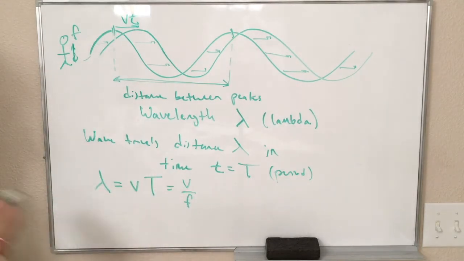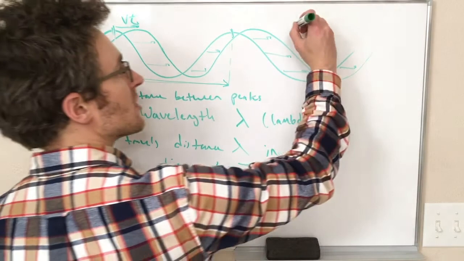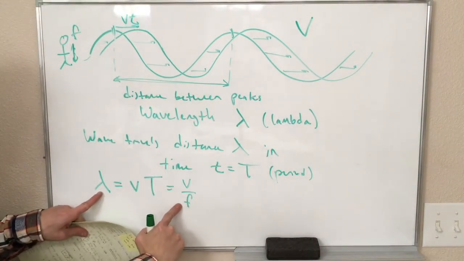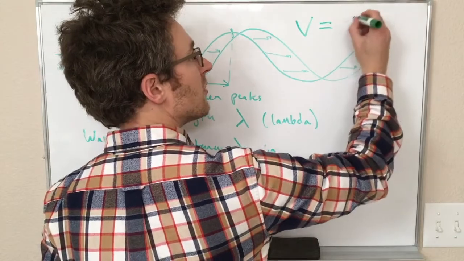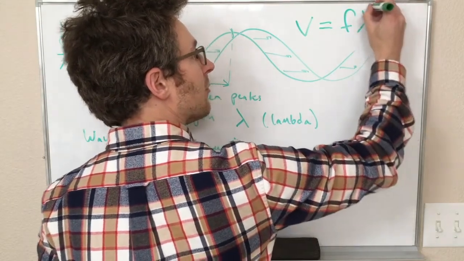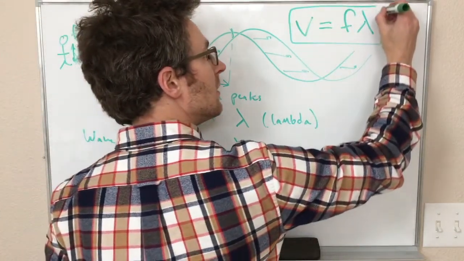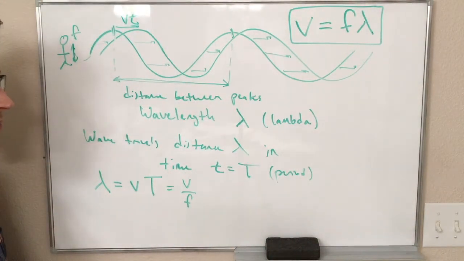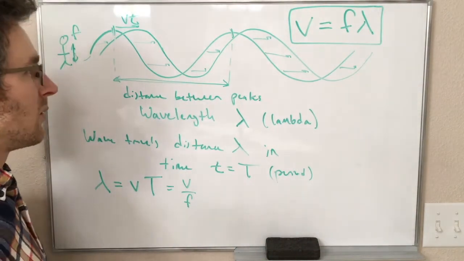We can rearrange this to give us our first really important wave equation. If I solve for v here, multiply both sides of this by f, I get v equals f lambda. So this is true for any sinusoidal wave, whether it's seismic waves or sound waves or light waves or whatever.